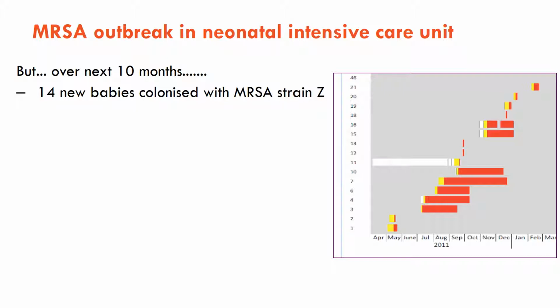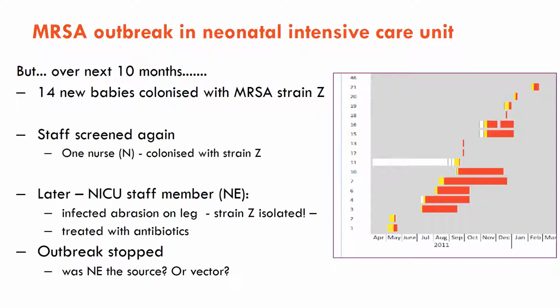The yellow portions of the bars indicate the period after they were first screened for MRSA but found not to be colonised, and then the red portions of the bars show when they were screened again and became colonised. And as you can see, many of them were in the ward for quite long periods of time, while they remained potential sources of spread to other babies, possibly via the vector of the contaminated hands of staff or parents.